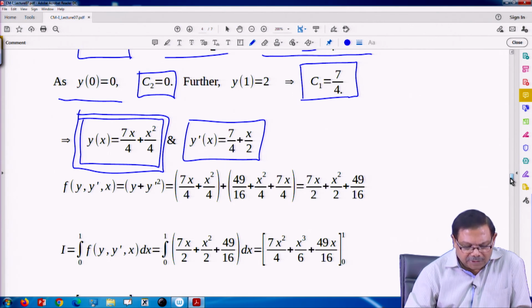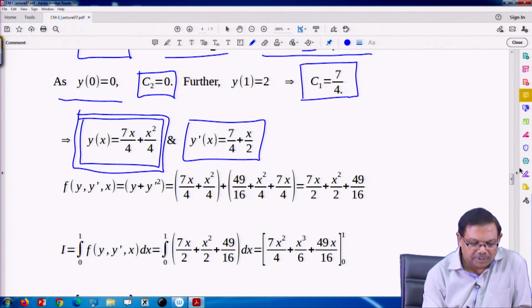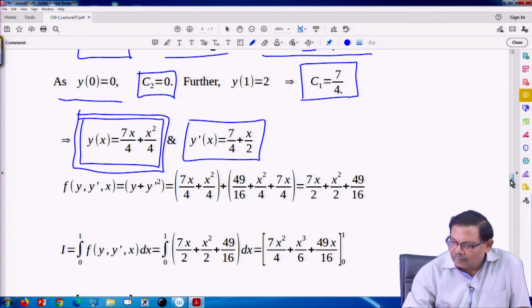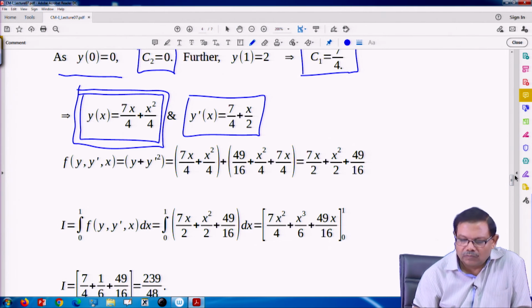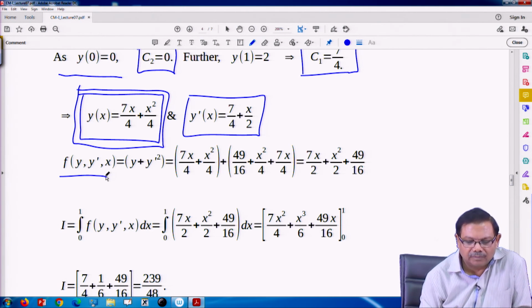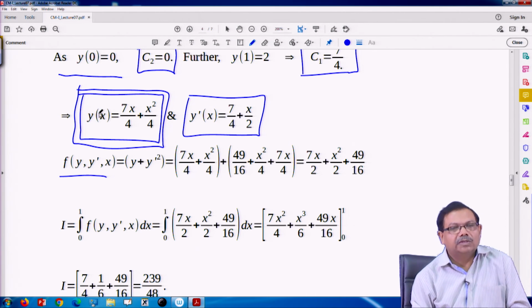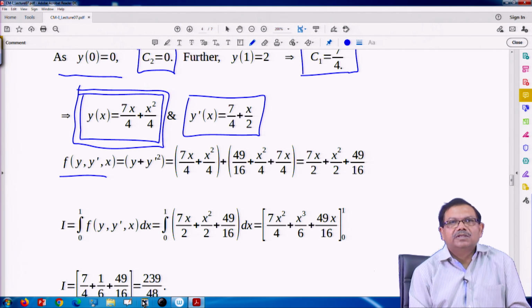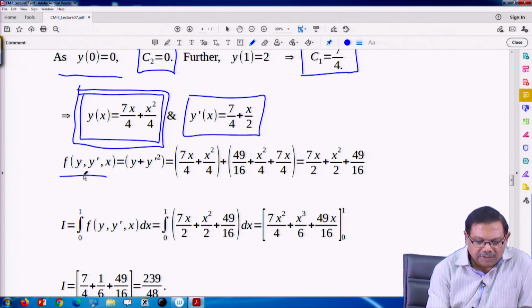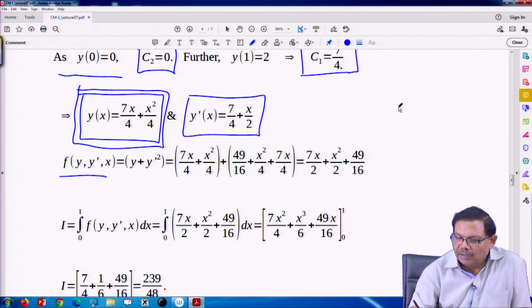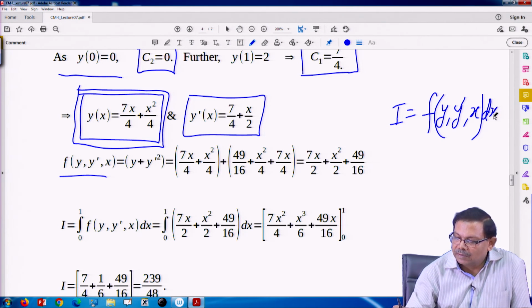So, let us try to find out what is the value of this integral. Okay. So, first let us find out the value of f. We have found out the actual curve. Actual curve is 7 x by 4 plus x square by 4. So, which function comes in the integral? We are talking about this function of y, y prime and x, in the integral dx from x 1 to x 2.